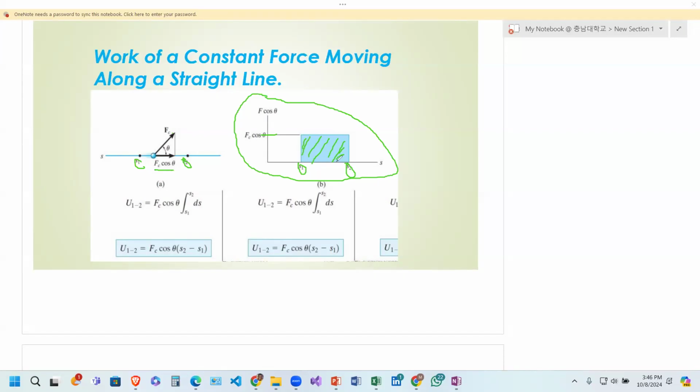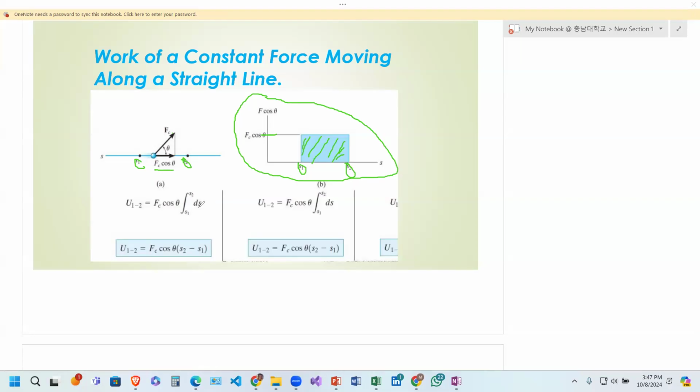But if we want to do it mathematically, how do we do it? Mathematically we said we integrate. So U, to represent the work done from position 1 to position 2, is the same as the horizontal force, which is Fc cos theta, integrated from S1 to S2. Remember, work done is force times distance, so the distance is the small change ds, moving from S1 to S2.